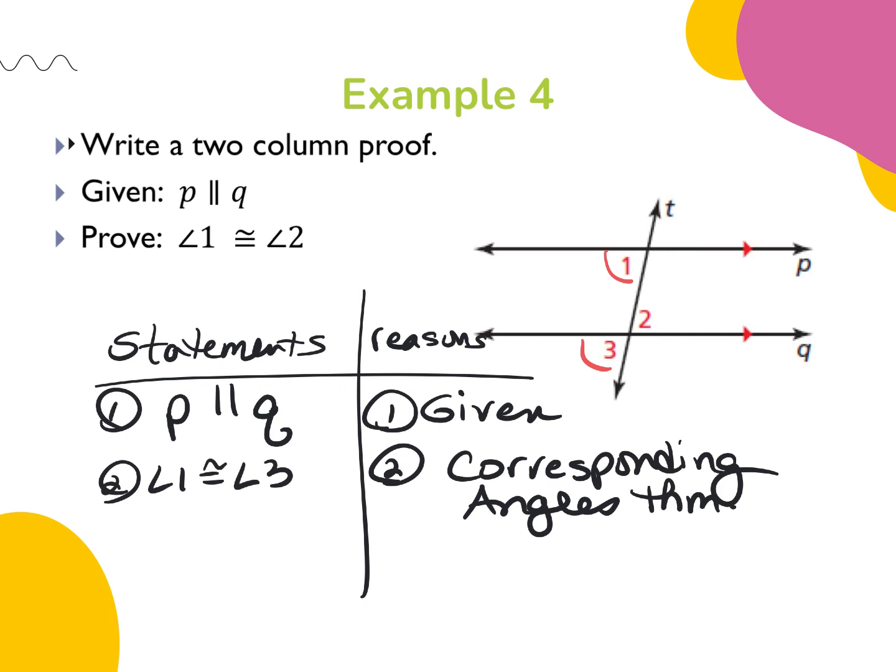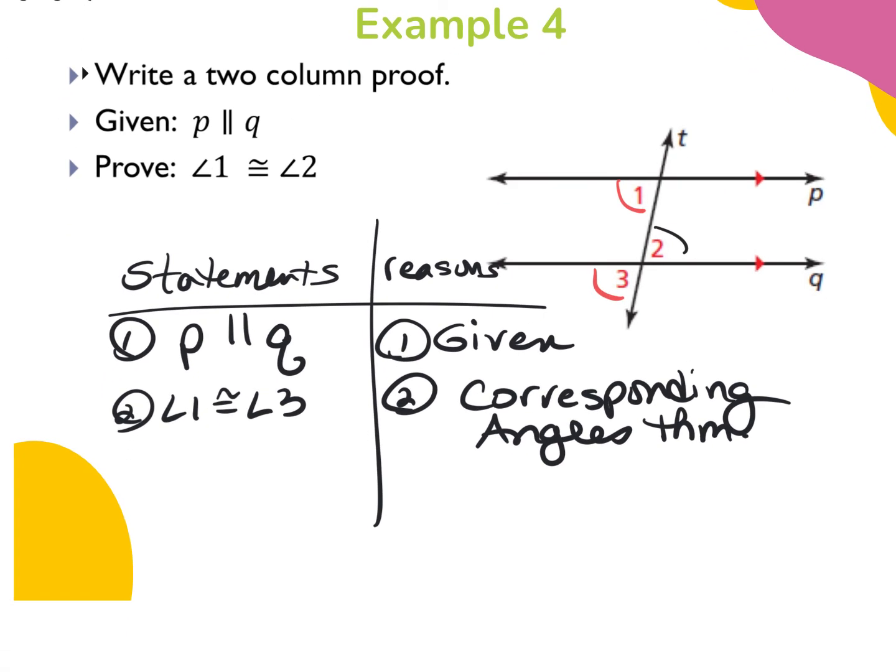The next thing I can tell in my picture is that I have angle 2, which is congruent to angle 3. And that reason is the vertical angles congruence theorem. And I'm going to abbreviate that as VAT. So I can state that angle 3 is congruent to angle 2 because they're vertical angles.